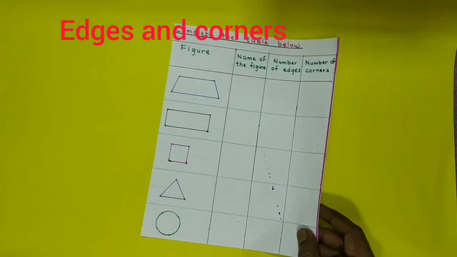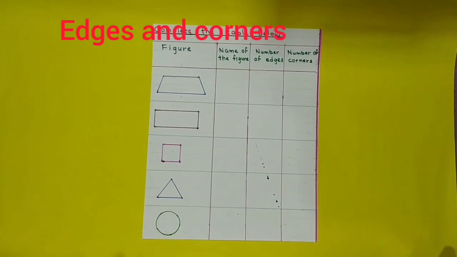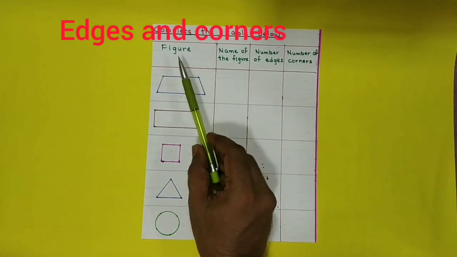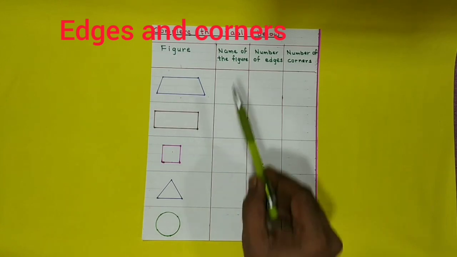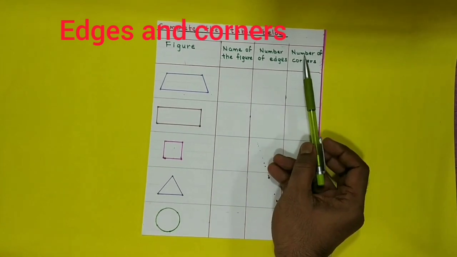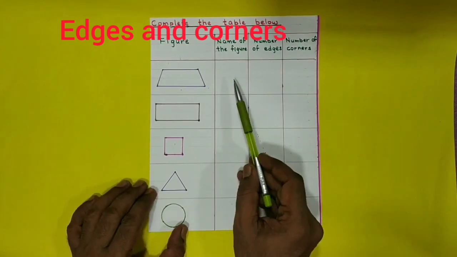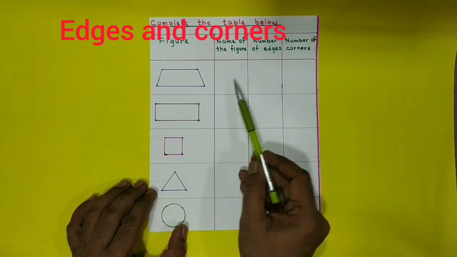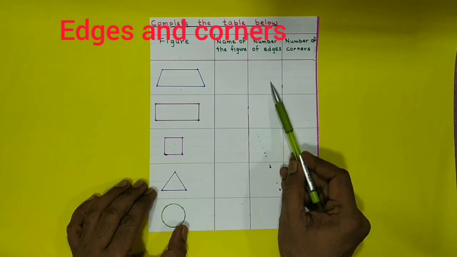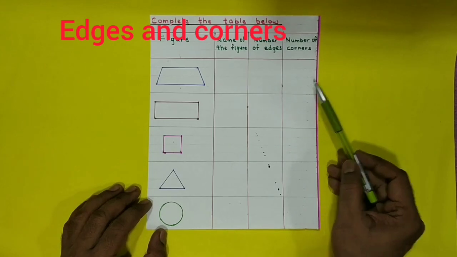Now let us complete the table below. In this table, the given things are figure, name of the figure, number of edges, number of corners. First figure name is quadrilateral, number of edges 4, number of corners 4.